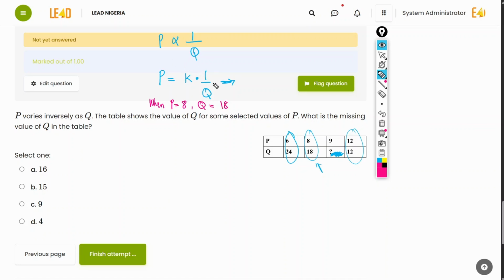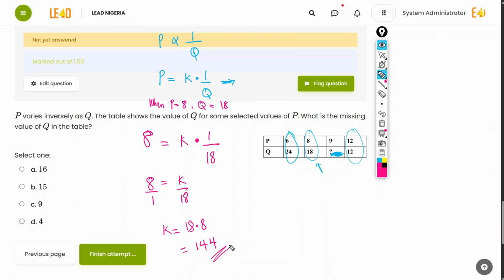So I can plug this in here and then solve for K. So that would be 8 for P is equal to K times what? 1 over 18, for Q. So this would mean 8 is equal to K over 18. So K would be equal to 18 times 8. 18 times 8 is 144.